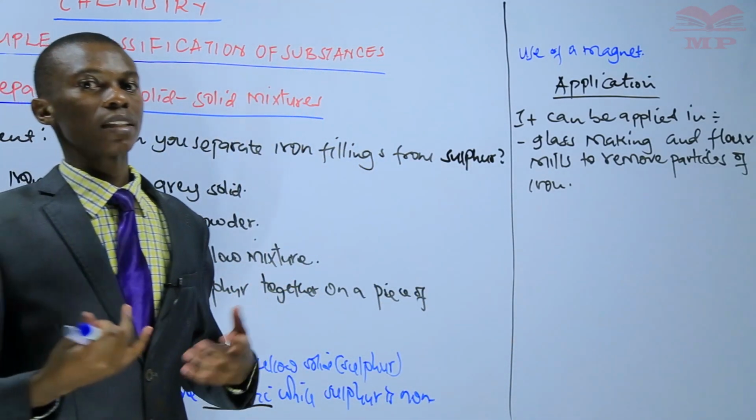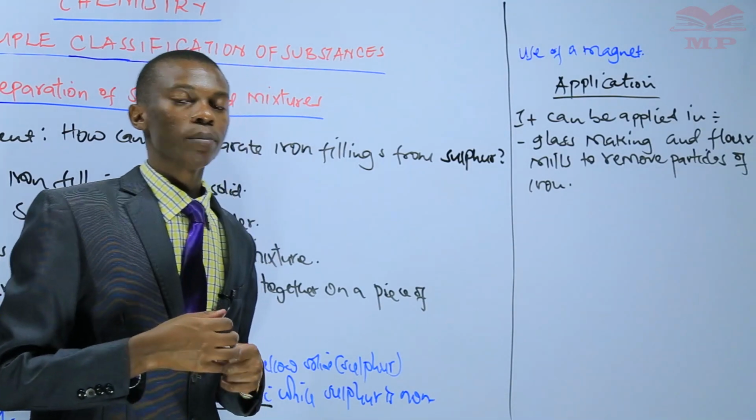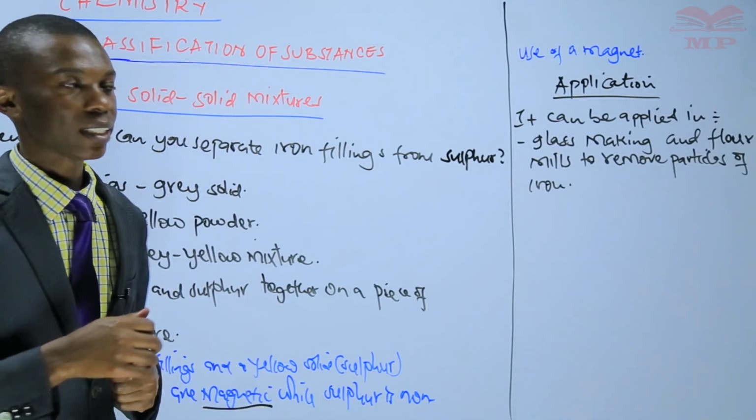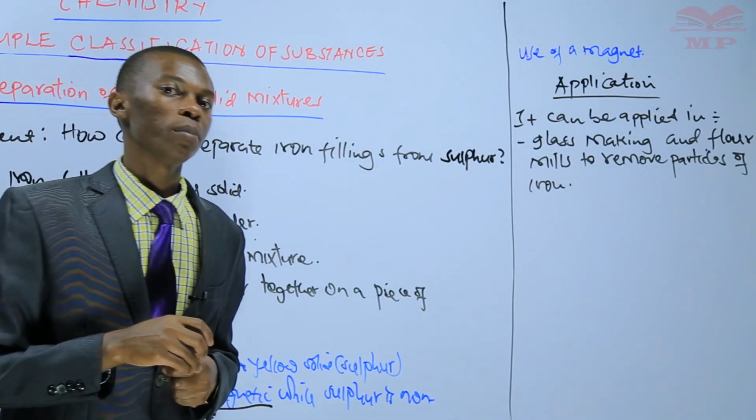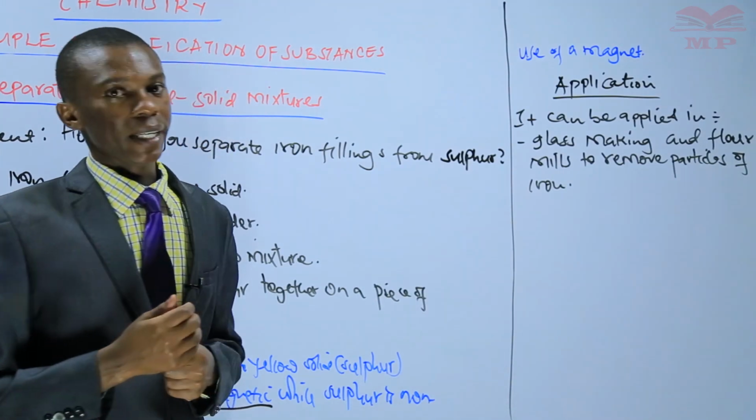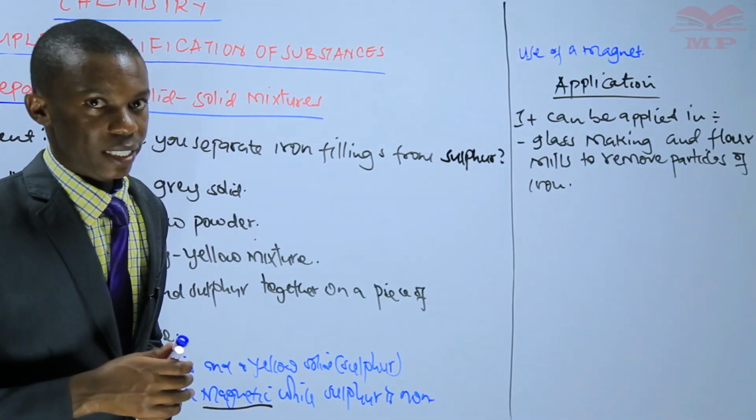In the making of glass, what we know is that glass is non-magnetic. Glass cannot be attracted by the magnet.